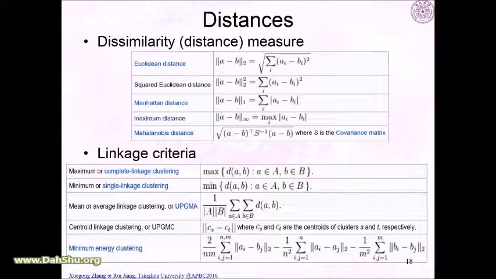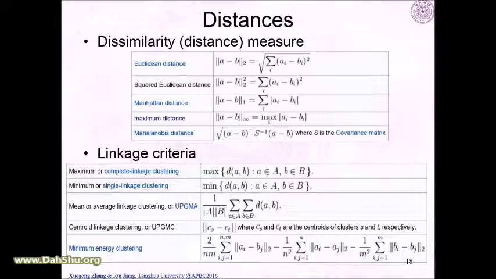For both hierarchical clustering and c-means clustering, an important factor is the distance, or similarity or dissimilarity, measure. So different distances will result in different results. Of course, you need to choose your distance according to your domain knowledge and your data.